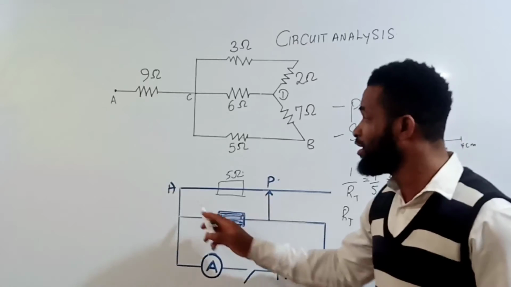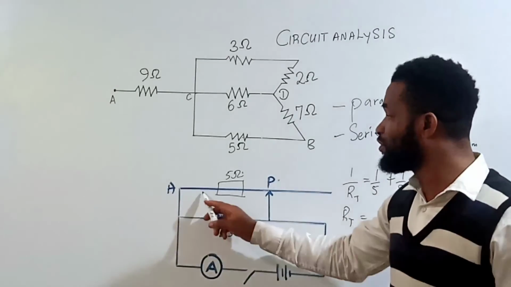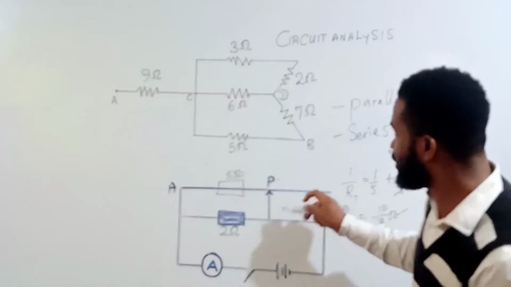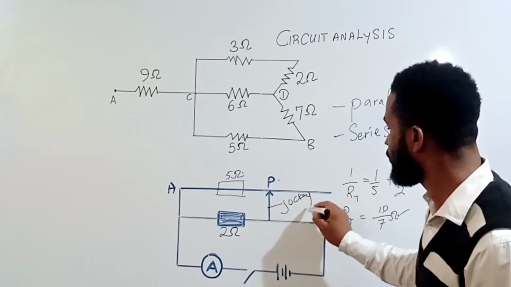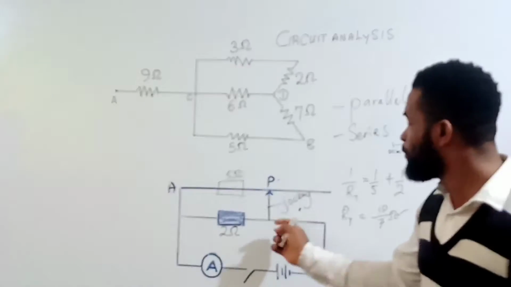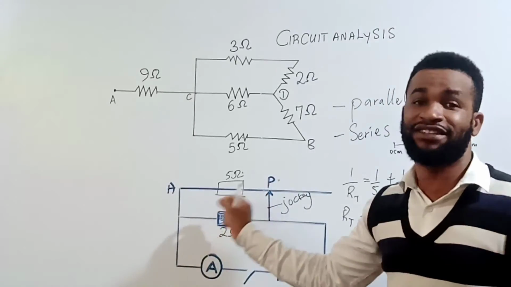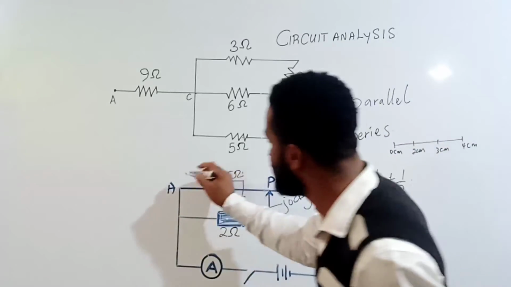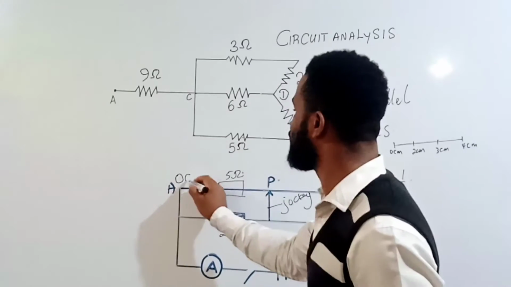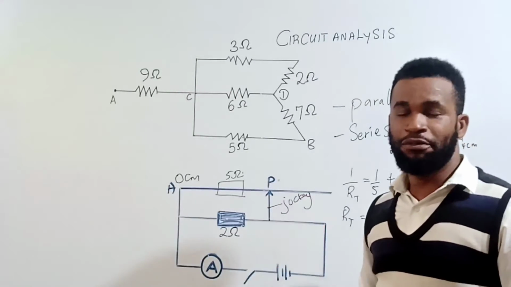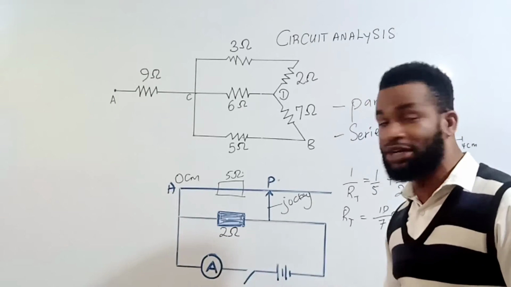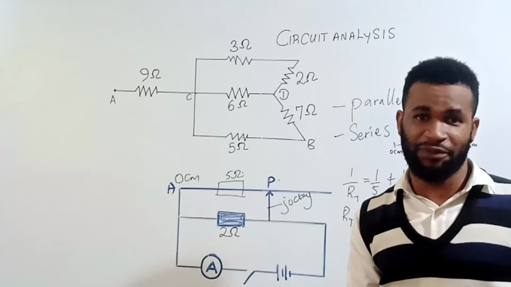So that is why when we put this wire, this is the jockey, or the clip. So if you put this wire at 10 centimeter from the 0 end of the wire, you will see a quantity of ammeter recorded, which we have done in the experiment.